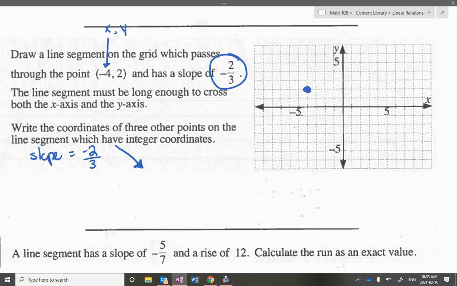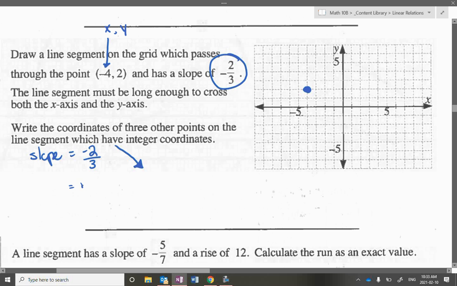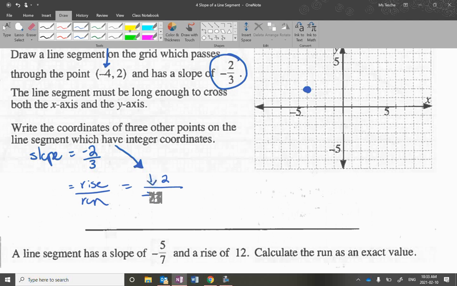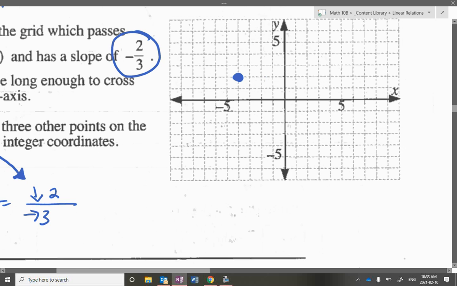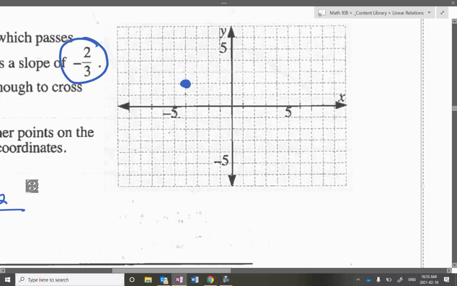So if you were plotting this, you can actually just count it out. So remember, our slope is rise over run. So that means we're going down by 2, and then we're going to go right 3. So when I count this out and I plot these points, if I count 1, 2 down, I'm going to put a tiny little dot here to hold my place. Then to the right 3: 1, 2, 3.